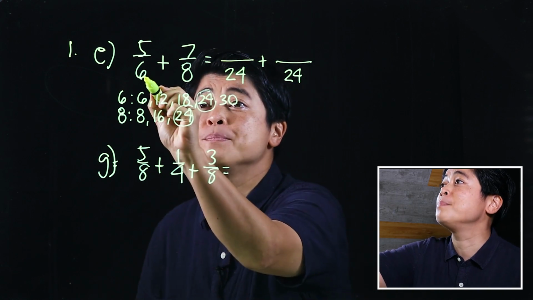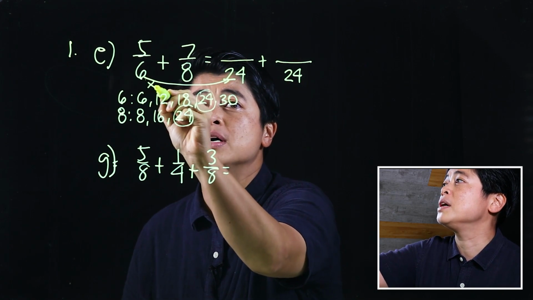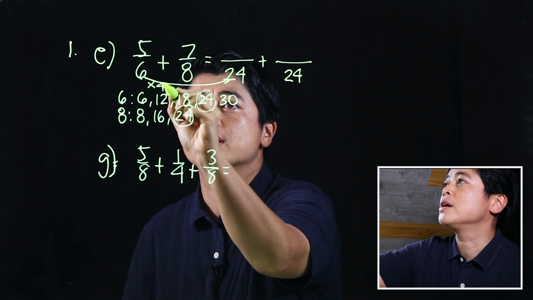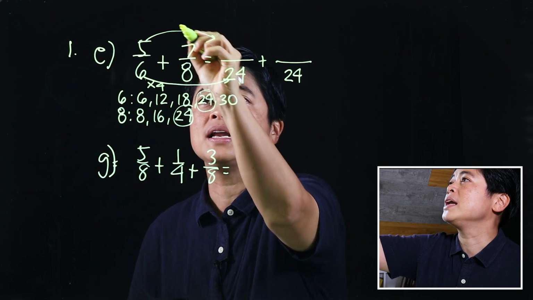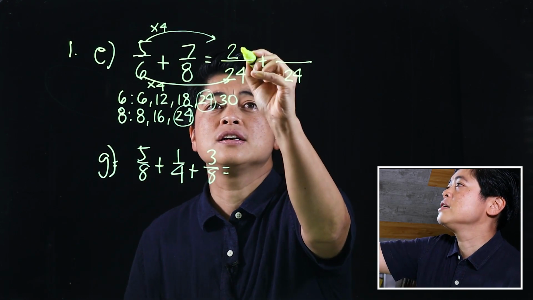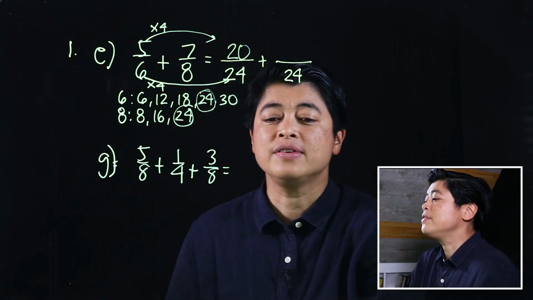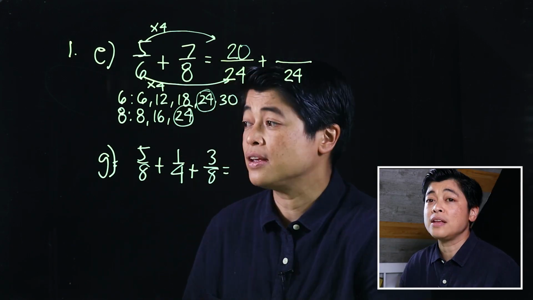So here, from 6 to make 24, I need to multiply by 4, which means on the top, I need to multiply by 4, making this 20. So 5/6 is equivalent to 20 over 24.